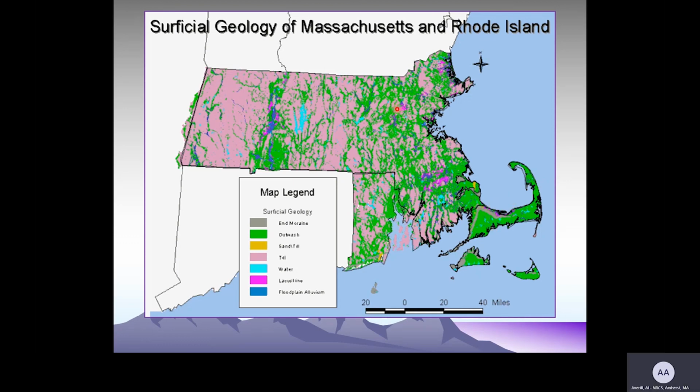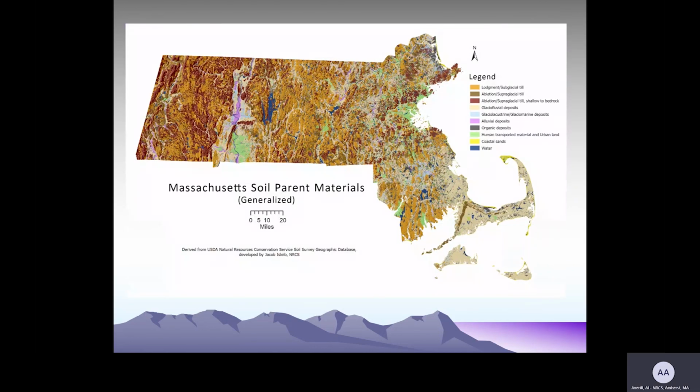And the purple is the lacustrine material, where glacial lakes were. You can see where Glacial Lake Hitchcock was in the valley. There was a glacial lake here, a glacial lake here. And the alluvial soils are along the major rivers, immediately adjacent to the rivers. So you can see that till is the number one parent material in the state of Massachusetts. It's a nice pretty map of soil parent material.